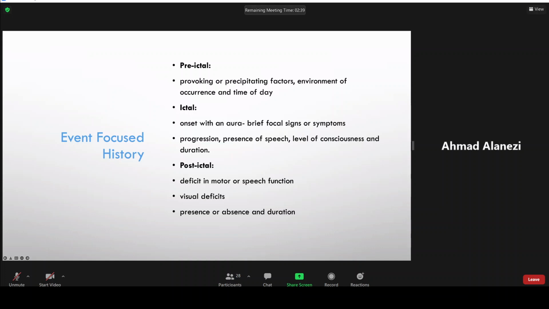Presence of speech, awake or aware, level of consciousness is very important, because it differentiates what we used to call complex and partial seizures. Nowadays, we say focal aware or focal unaware or generalized. We will learn all this in the lecture of the seizures or epilepsy lecture. And post-ictal symptoms is very important. So post-ictal, what happened post-ictal?